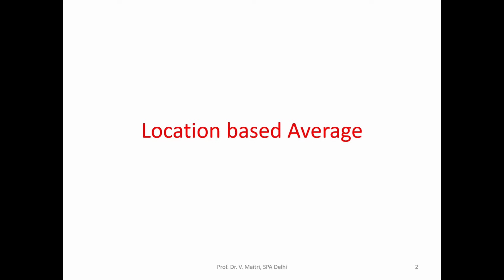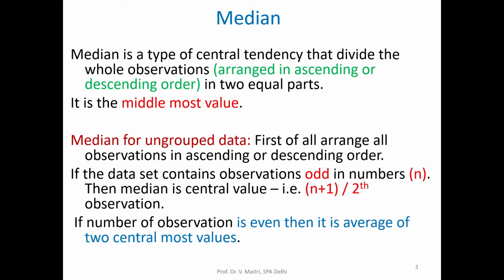In our first lecture we also covered the mathematical based average, that is arithmetic mean, and the location based average, that is mode. So among location based averages, the median is defined as that value which divides the whole observation into two equal parts.